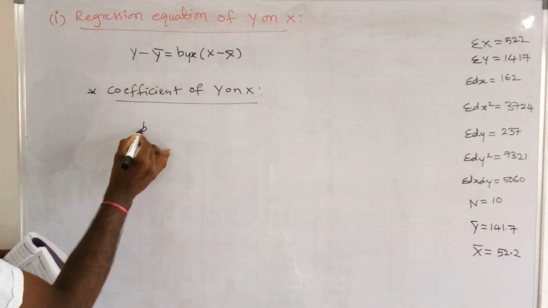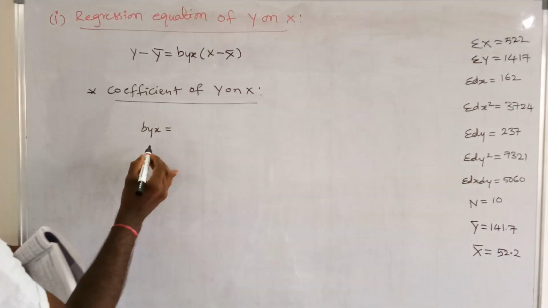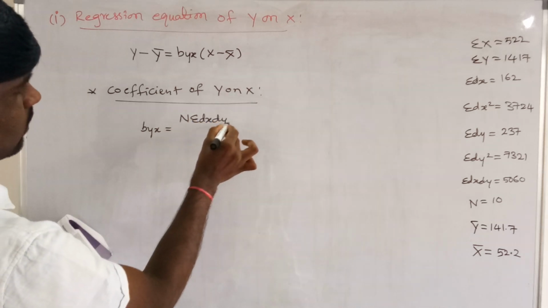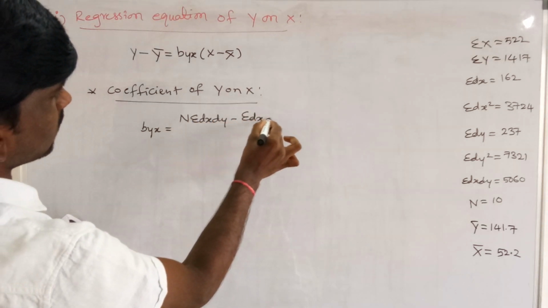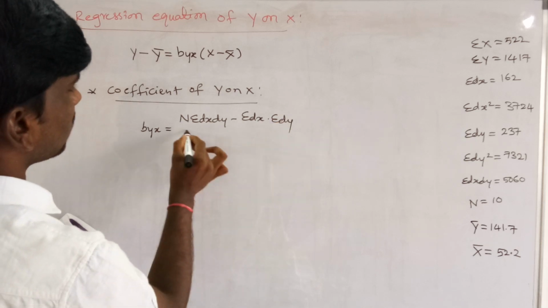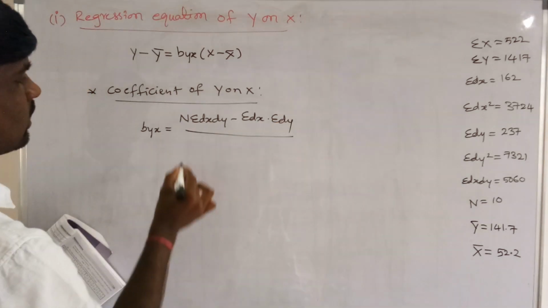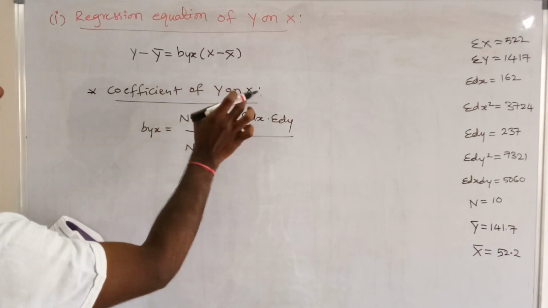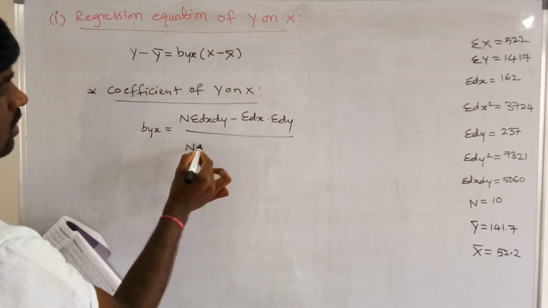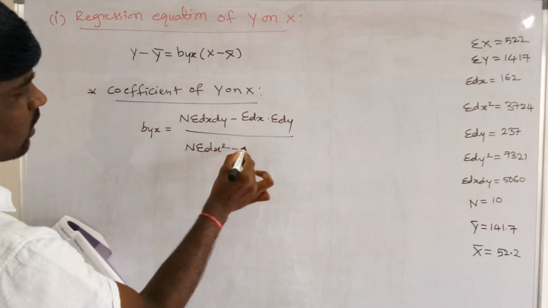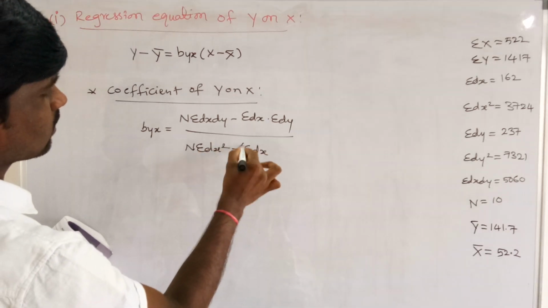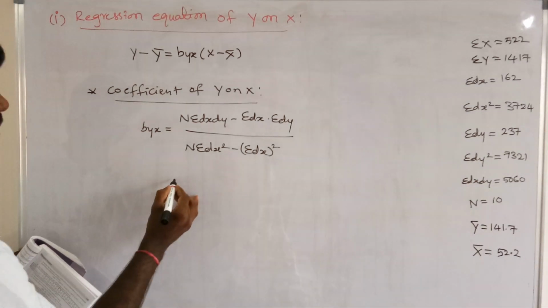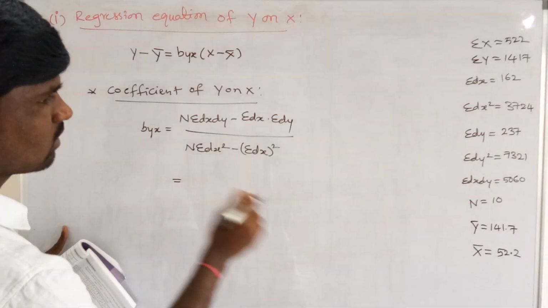Here the coefficient of y on x is equal to n into summation of dx dy minus summation of dx into summation of dy, divided by n into summation of dx square minus summation of dx whole square. What is n?